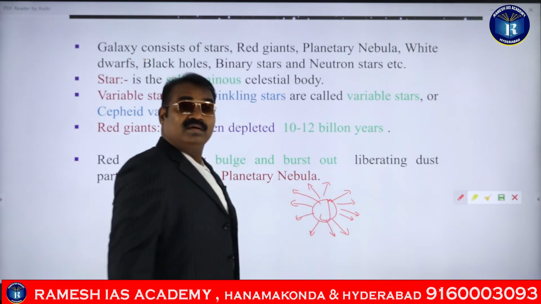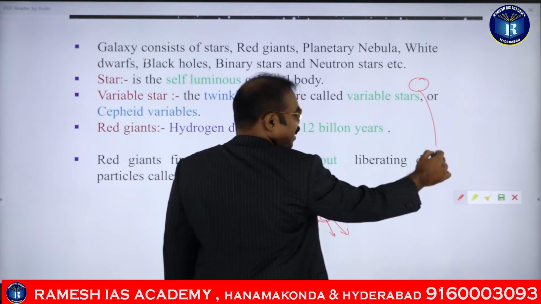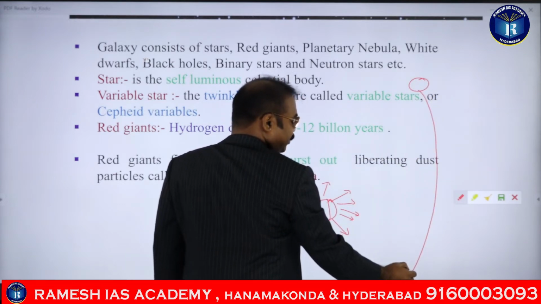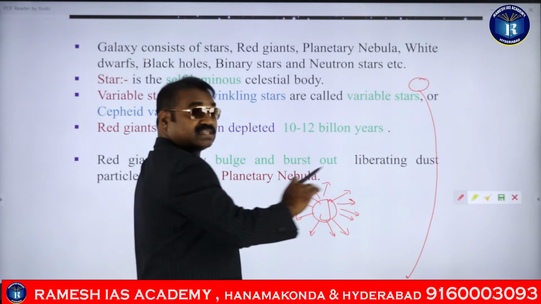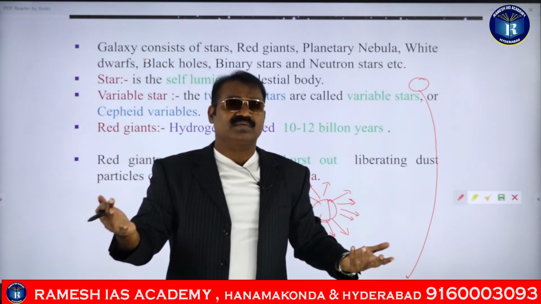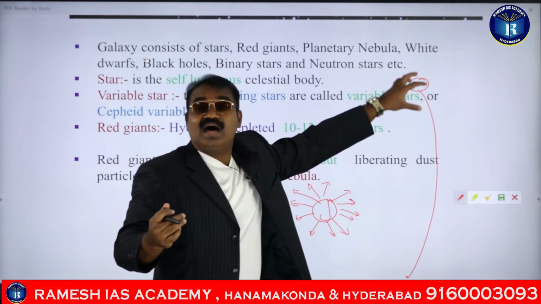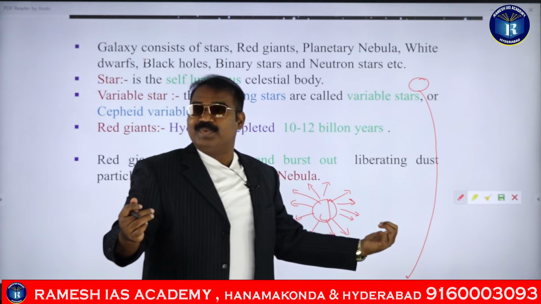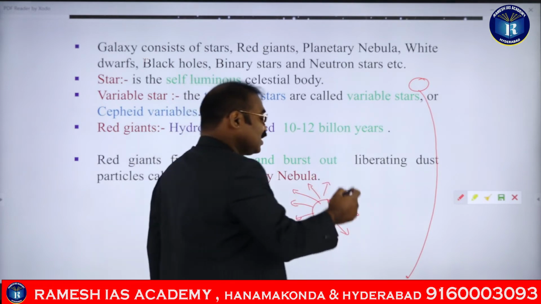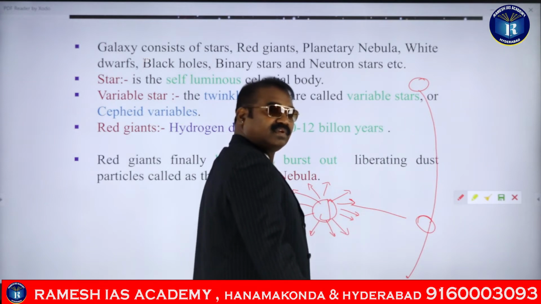So then what happened? If any of the star is approaching, because this will be moving with higher speeds guys, the dust particles after the explosion, they will be moving in all the directions with higher speeds, right? So when they are moving in all the directions, if any of the star is approaching that dust particles, the dust particles may get attracted to the star, right?